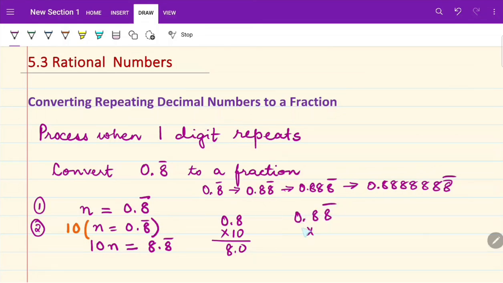When we multiply 0.88 bar by 10, we end up getting 8.8 bar. So it is different when you multiply a repeating number by 10 versus when you are multiplying a non-repeating number by 10. So we end up getting 10n equals 8.8 bar.